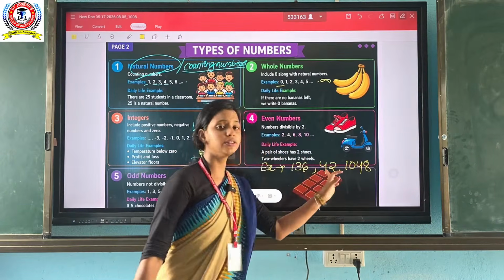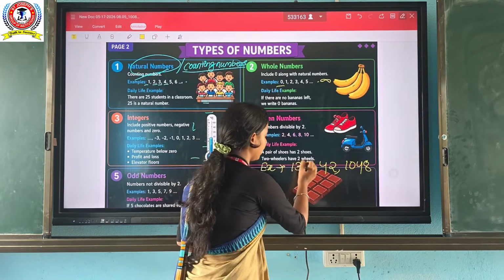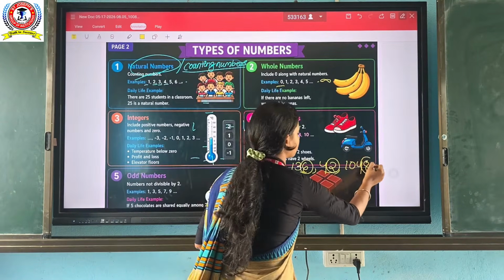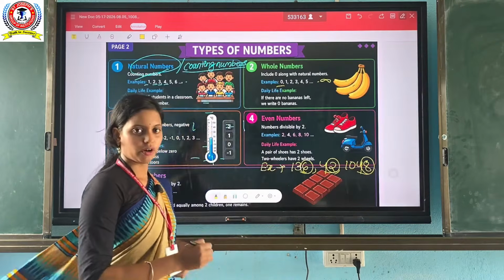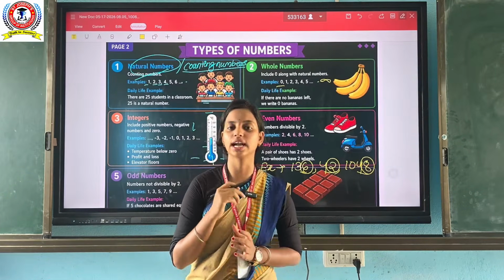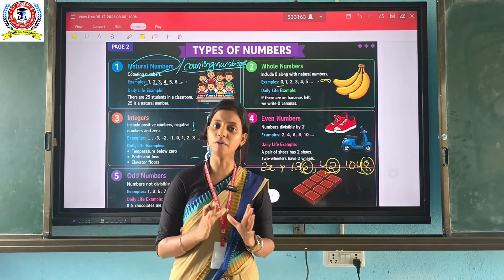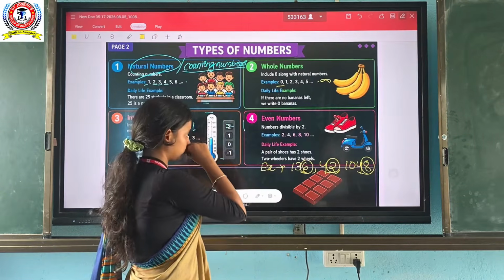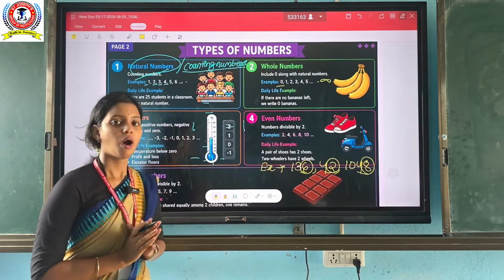These numbers end with 6, these end with 2, these end with 8. The numbers which end with 0, 2, 4, 6 and 8 are known as even numbers.